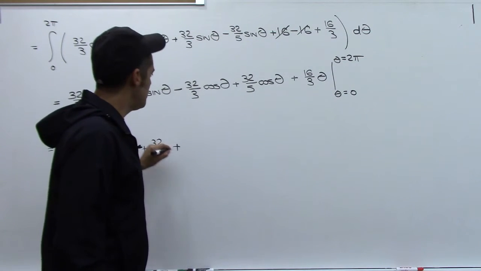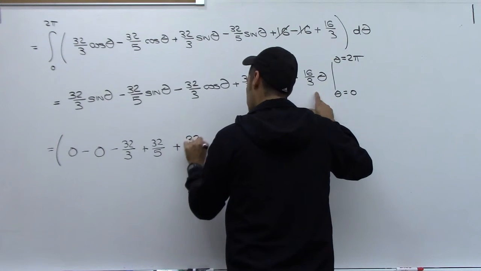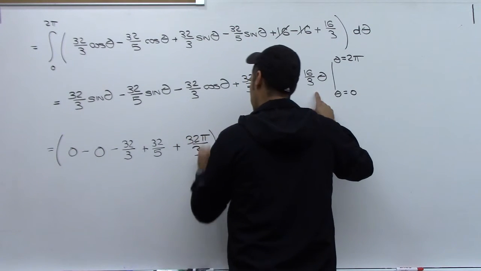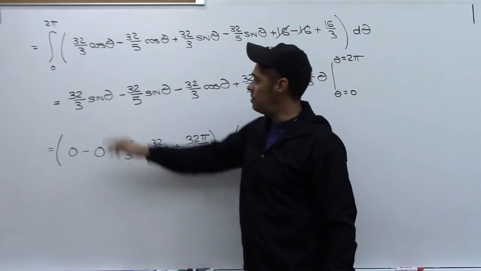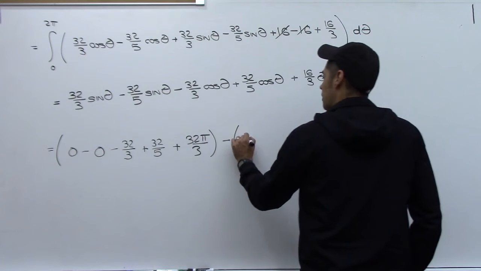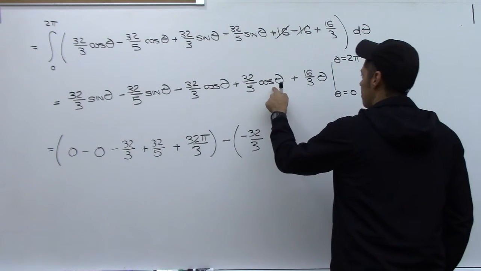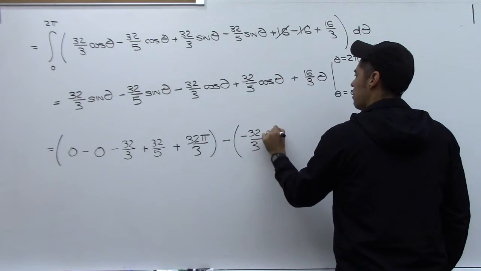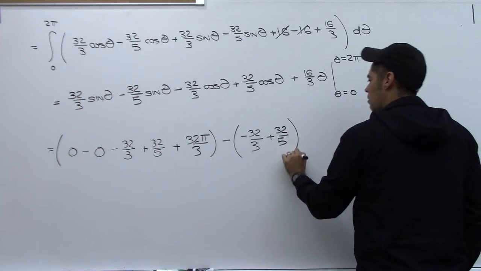And then plus 16 times 2 pi is 32 pi over 3. Minus, now plug in 0. Sine of 0 is 0. Sine of 0 is 0. Cosine of 0 is 1. So I'm getting negative 32 over 3. Cosine of 0 is 1, so plus 32 fifths. And then 0 here makes it go away.